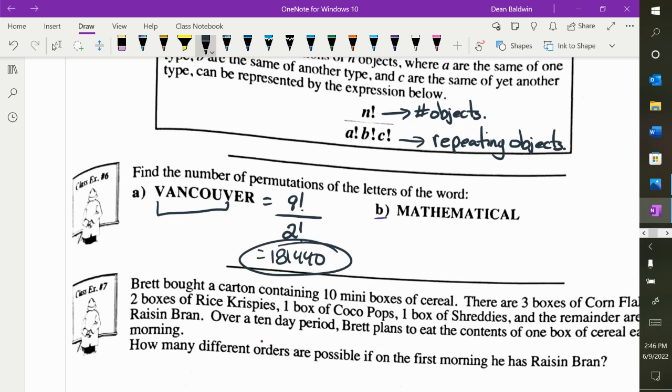If you have multiple repeating letters, you just divide by all those factorials. So the word mathematical has 12 letters. It has 2 M's, so that's 2 factorial.